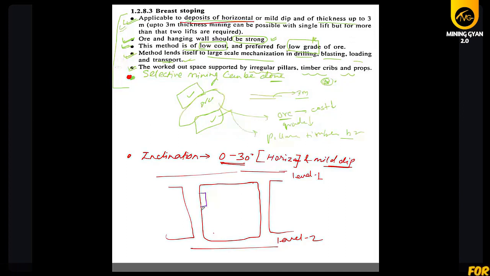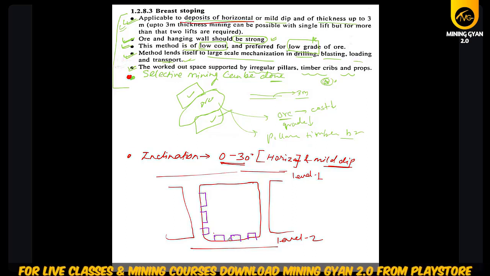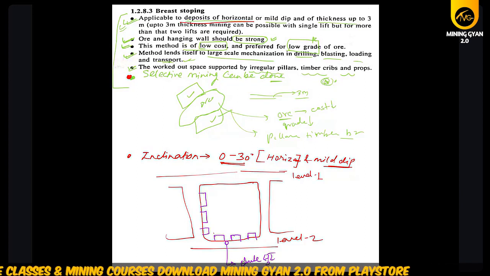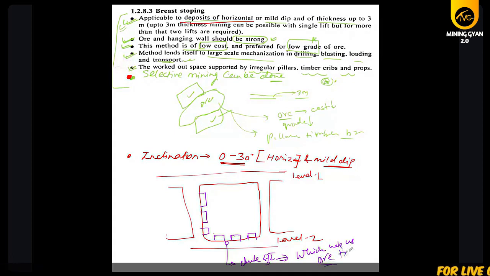First we will develop these pillars. So you should know this is the sill pillar. This gap, we should know this is the chute, जिससे which help us to transport, और transport में मदद करता है.